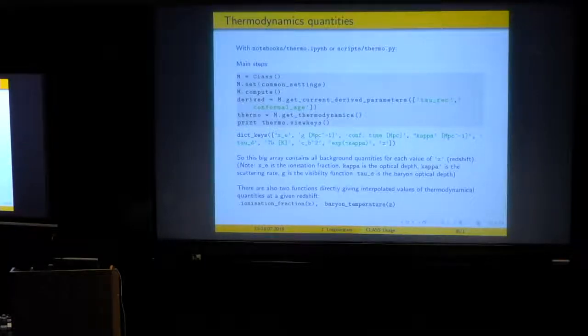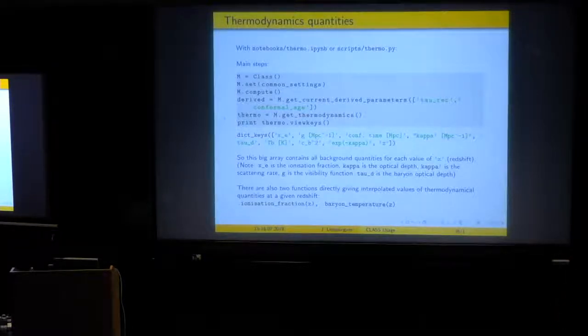This is the redshift. This is the ionization fraction, the visibility function, the conformal time. Kappa prime is the Thomson scattering rate. Tau d is the time of the baryon drag. Tb is the temperature of the baryons. Cb square is the sound speed square of the baryons.